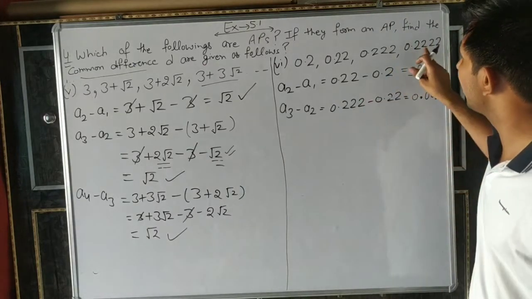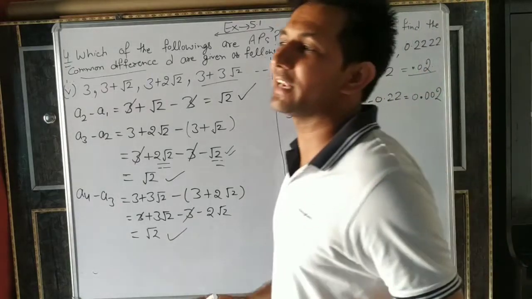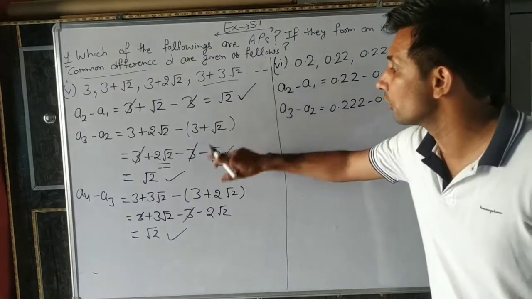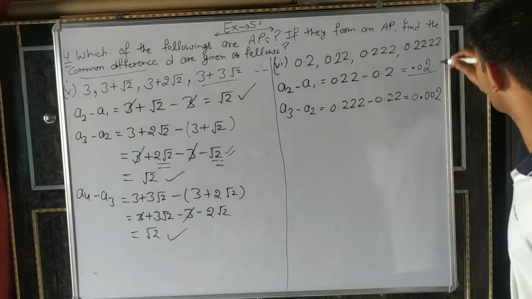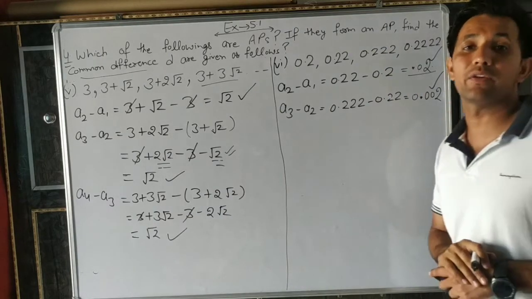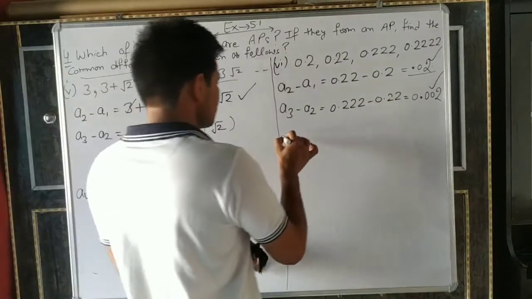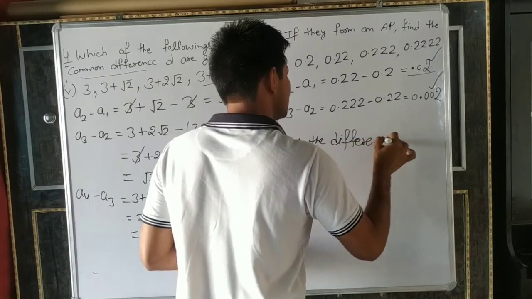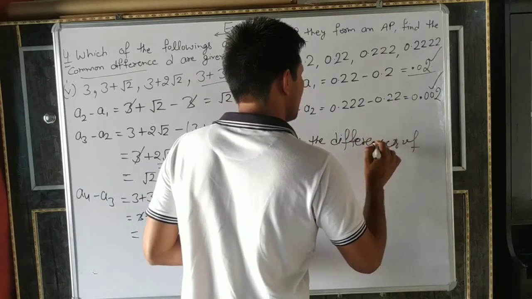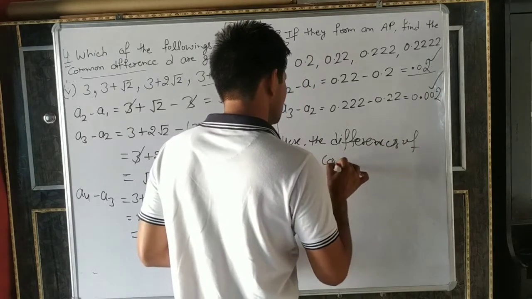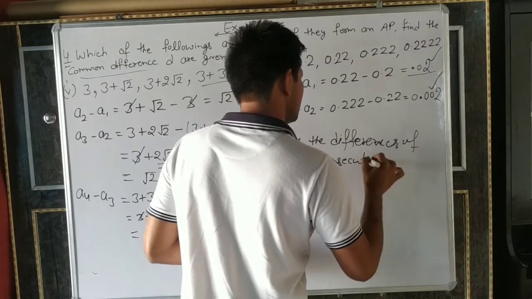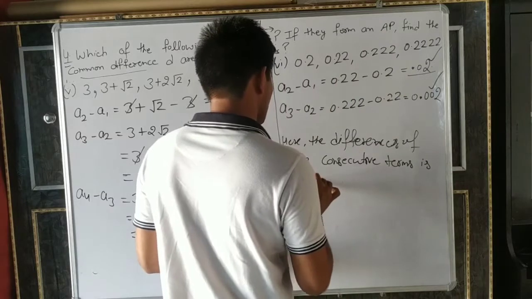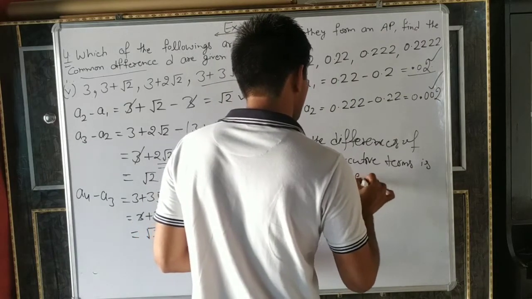No need to check for A4 minus A3, because if it is an AP, D, the difference, is always the same, like root 2. That's why we check for the third also. But here this one and this one are both different. So that's why you will write here: the differences of two consecutive terms are not the same every time.